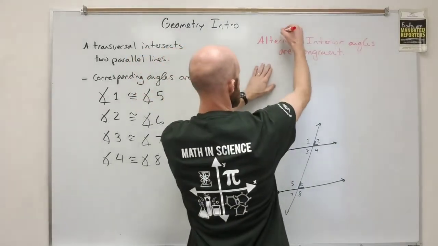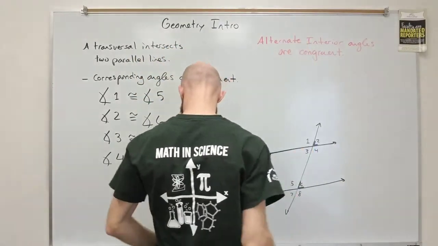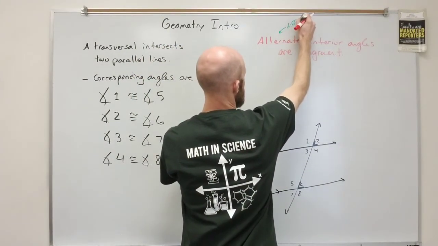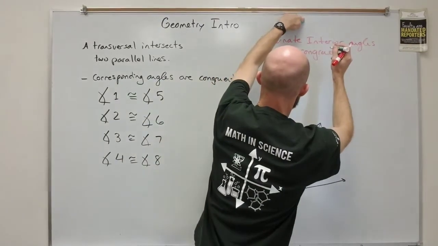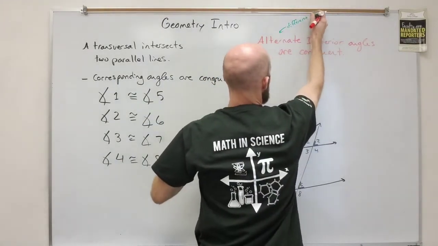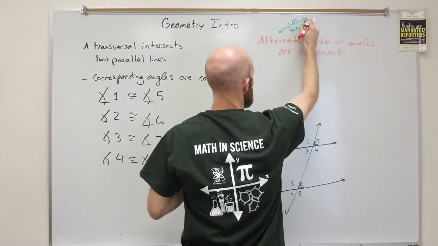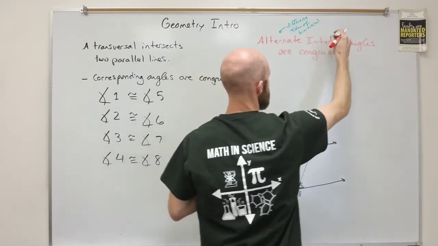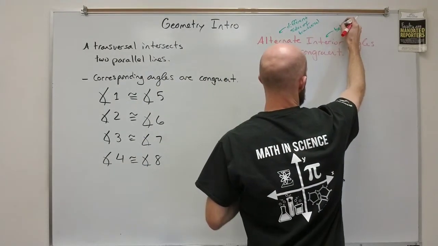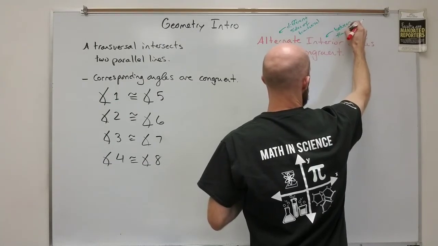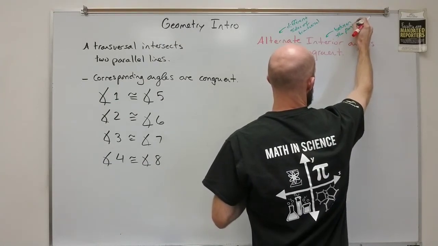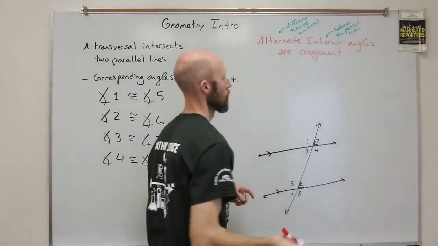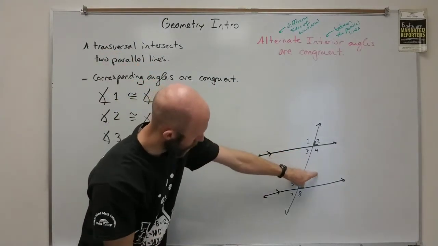Okay, so alternate means, I'll use a different color to define this. Alternate means different, D-I-F-F-E-R-E-N-T, different sides of transversal. Interior means between parallel lines. Okay, so in between the parallel lines on opposite sides of the transversal.